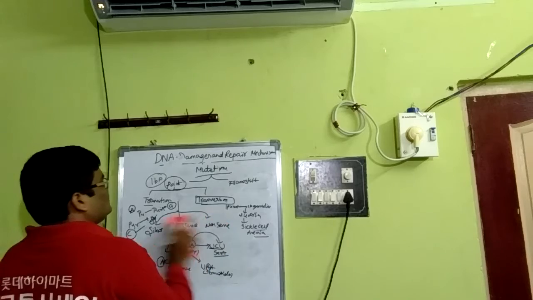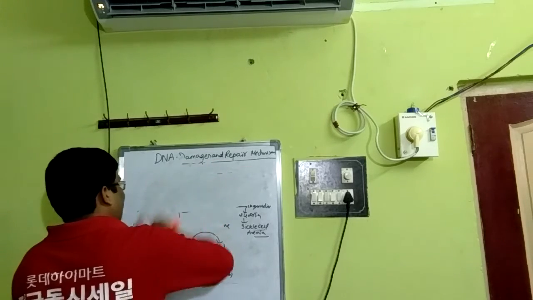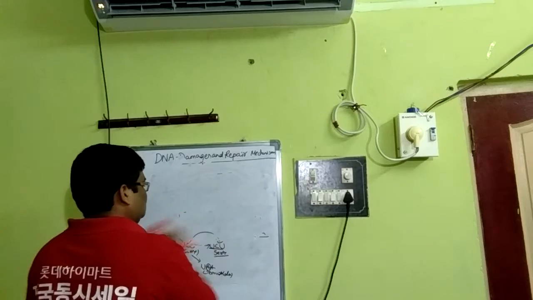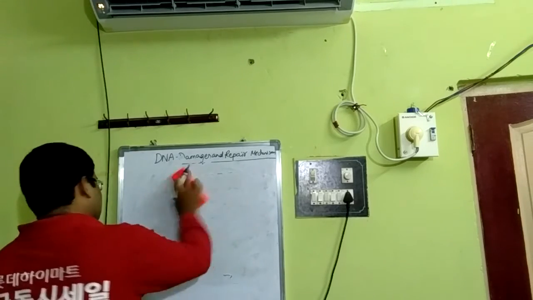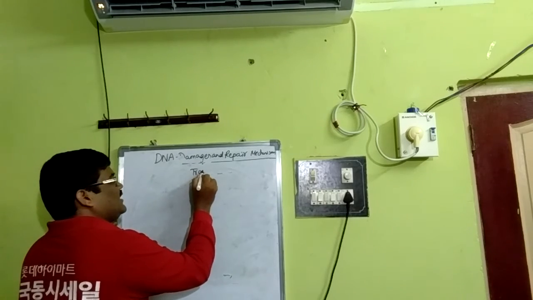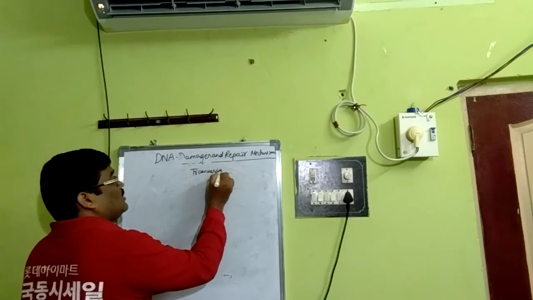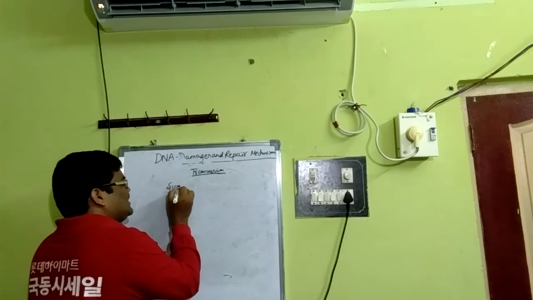That means with respect to sickle cell anemia. What exactly transversion is, we've already discussed. It's one of the important mutations. The classical example is sickle cell anemia.